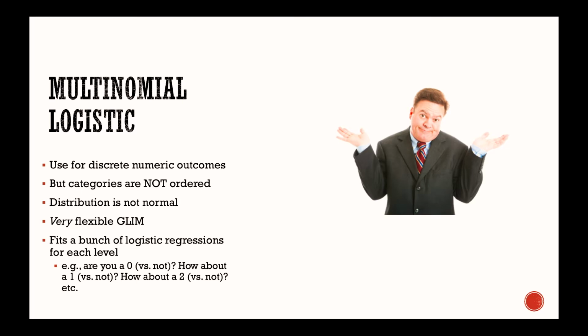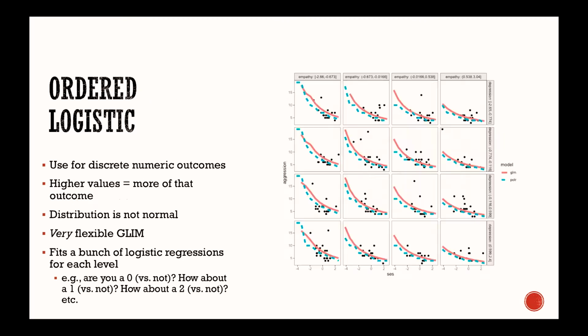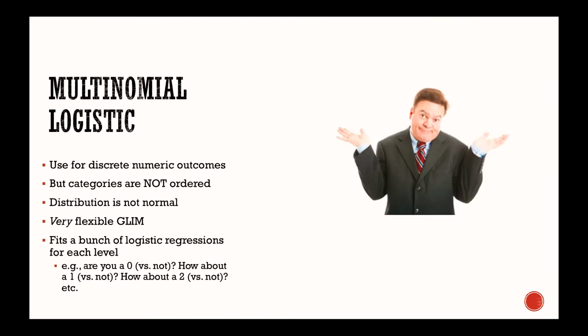So what about multinomial logistic? Well, I don't have a plot of that on the right there. Anyway, multinomial logistic is very similar to the ordinal logistic, or ordered logistic, ordinal, ordered, whatever you want to call it. It is also used for discrete numeric outcomes, but the categories are not ordered.